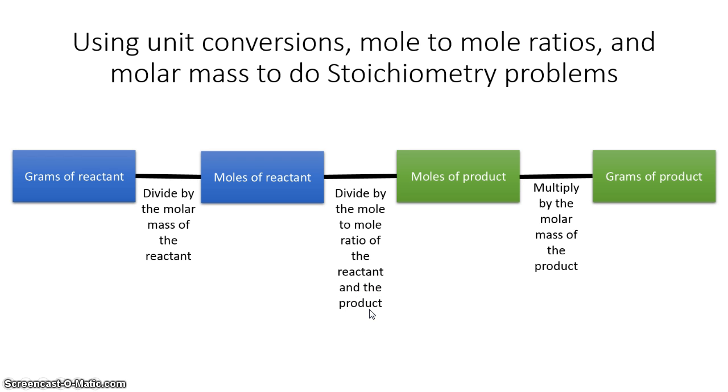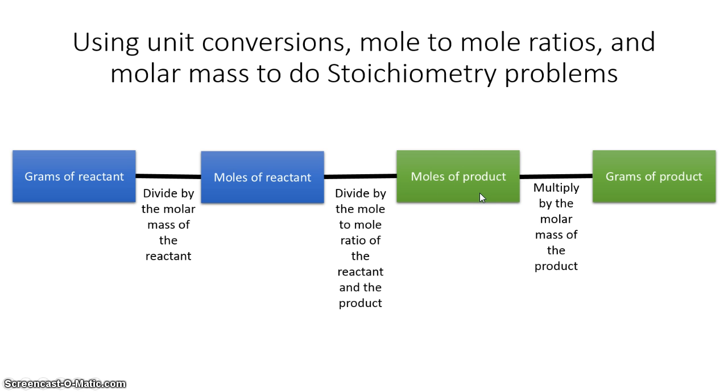Remember when you made a fraction or a ratio of the number of slices of bread to the number of slices of cheese, for example? Instead of bread and cheese, you're going to be talking about products and reactants of a chemical equation. And then when you divide by this mole-to-mole ratio, this fraction, you're going to get moles of the product.